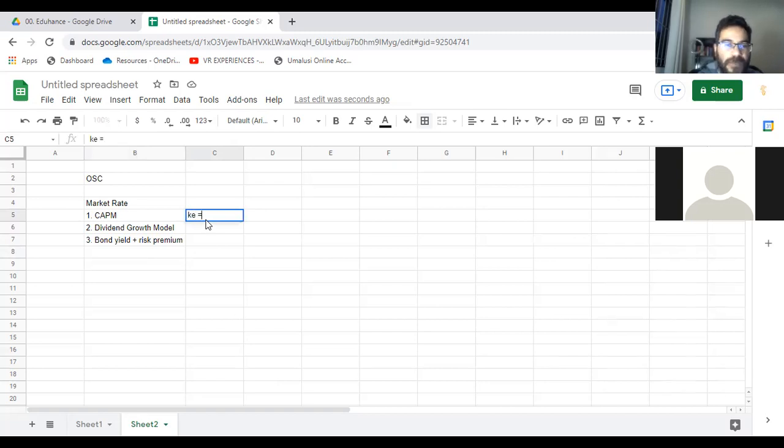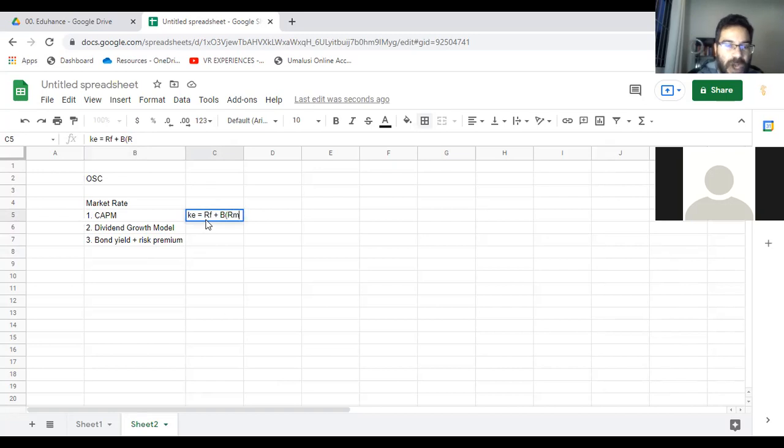Cost of equity equals RF, which is the risk-free rate, plus beta times market rate minus risk-free rate. I'm not going to put all the details because on the online campus, all the details are there, so you can just go read it up. I'm just giving a high-level overview.